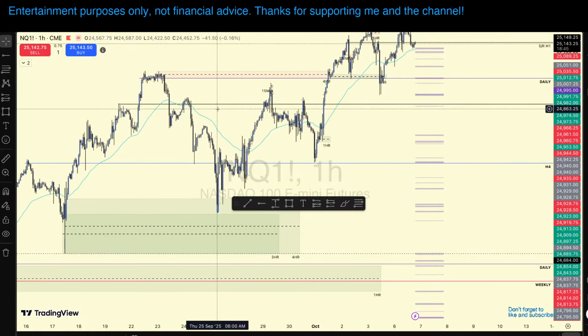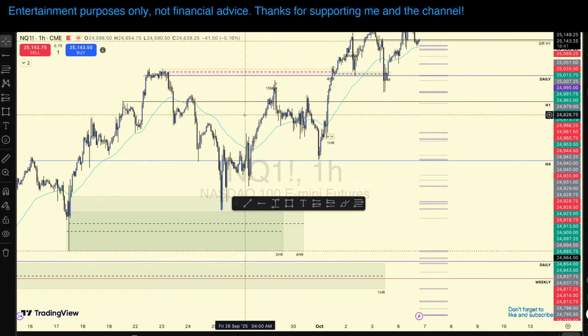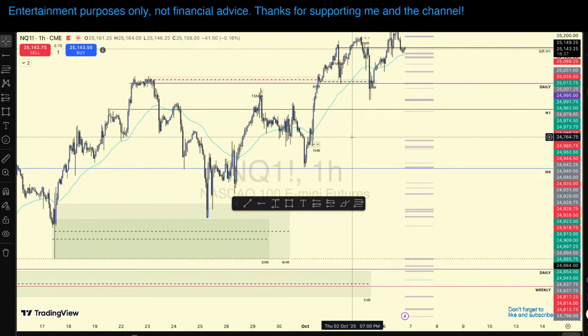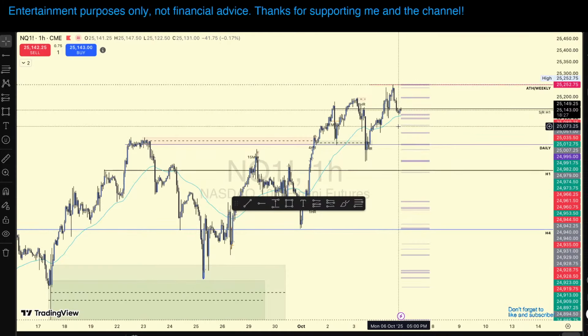So it's been tested many times, and that's why, as I said earlier, H1s are great for ranging. I like them for an honest reaction of how price might be, and it's a clear level where I could expect some type of reaction or some type of range, particularly on the H1s.